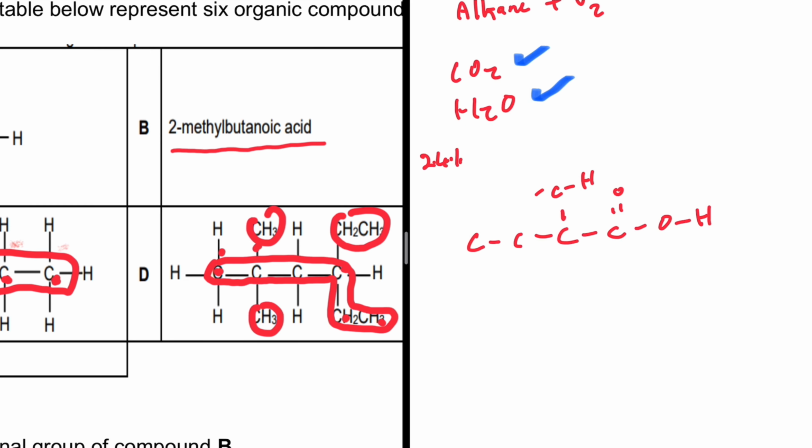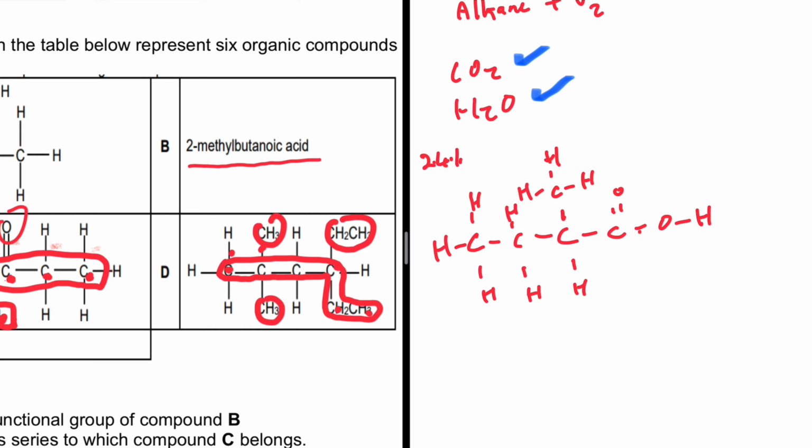Because we are going to start numbering from the side closest to the functional group, which is that one there, right? So this is 2-methyl butanoic acid. 1, 2, 3, 4. I always make sure that I have the correct number of bonds. So there we go. 2-methyl butanoic acid.